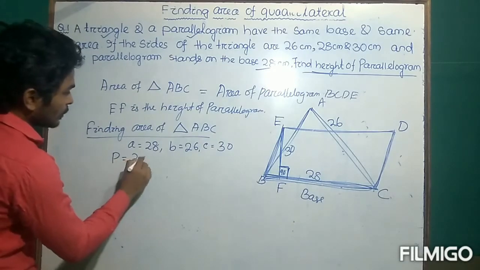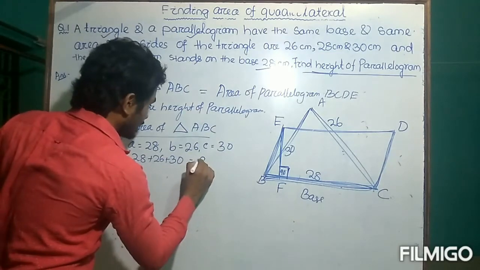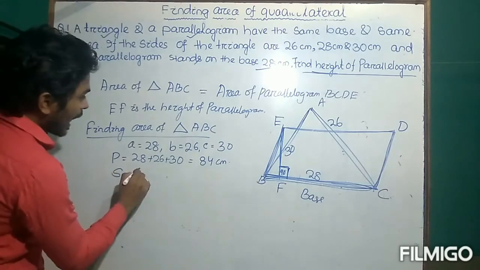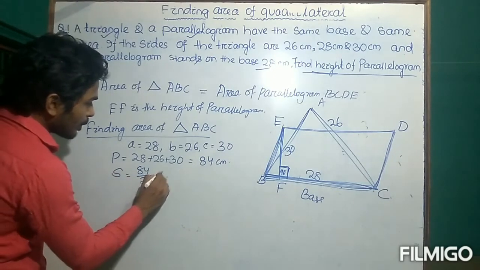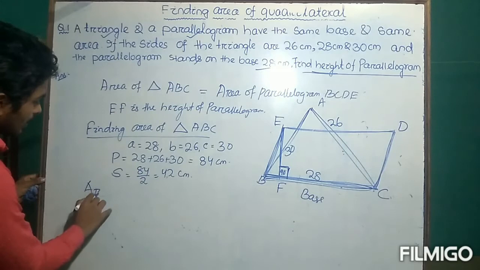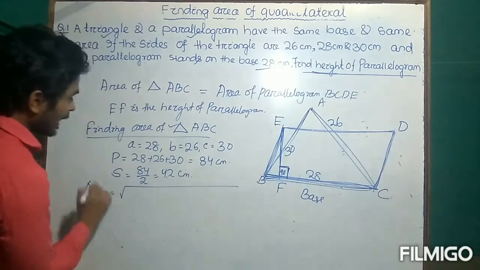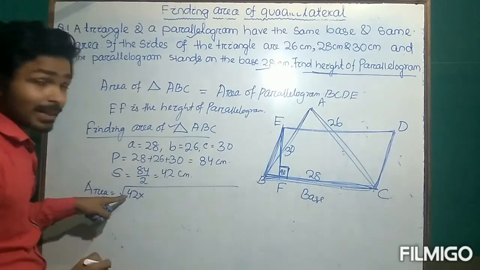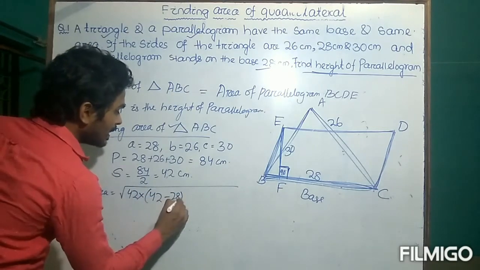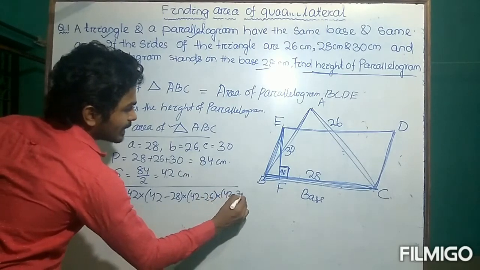Now the perimeter is 28 plus 26 plus 30, that is 84 cm. So S is half of the perimeter, that is 84 by 2, 42 cm. Now find the area. Area is the square root of S into S minus A into S minus B into S minus C.